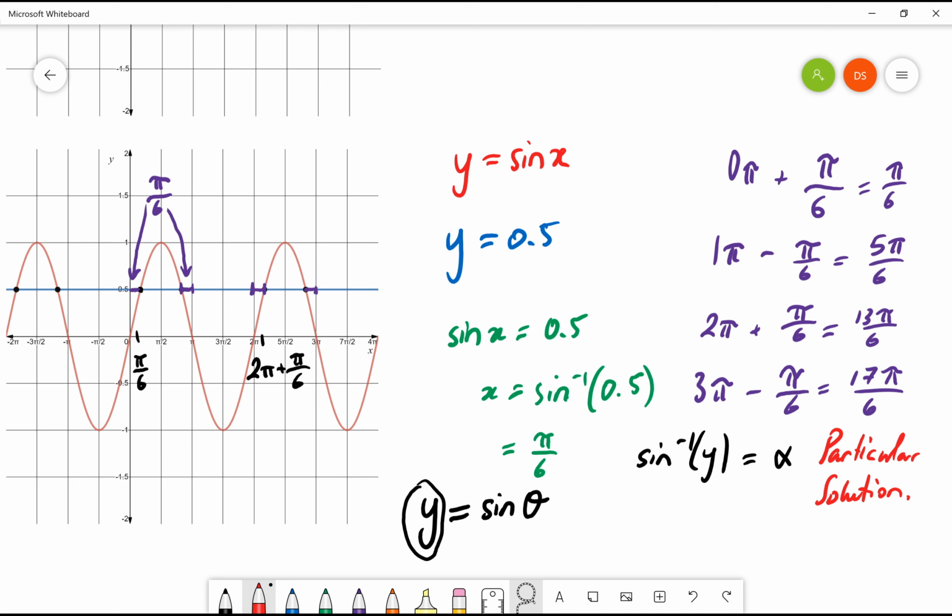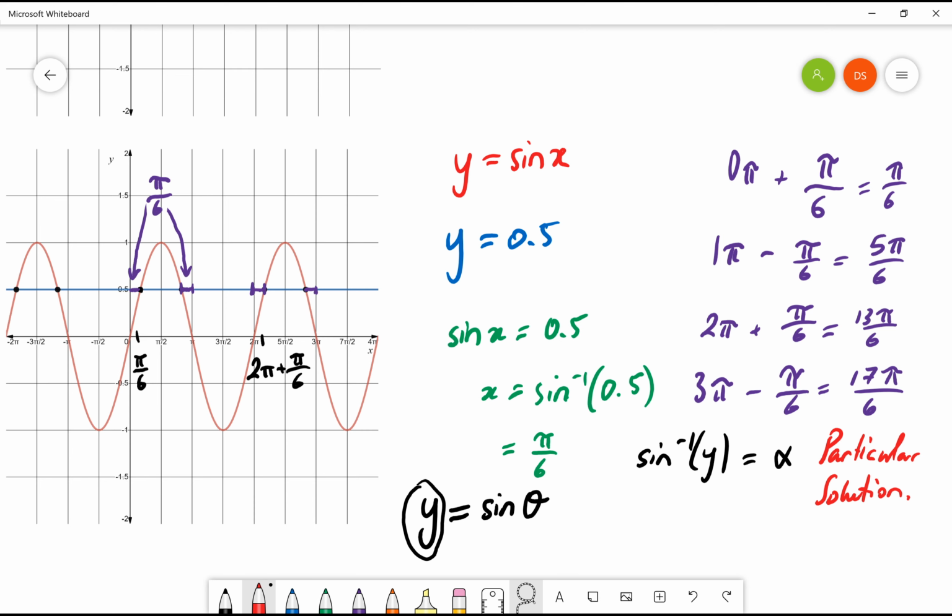And often it's the one closest to the y-axis. But sometimes it's not, but often it is. And sometimes you'll get a negative one, and sometimes you'll get a positive one. It really depends on how your calculator is working that day. But I'm going to call that a particular solution, and that's alpha, right?